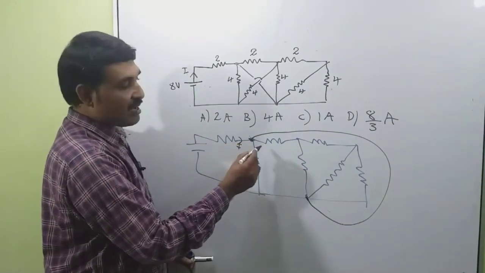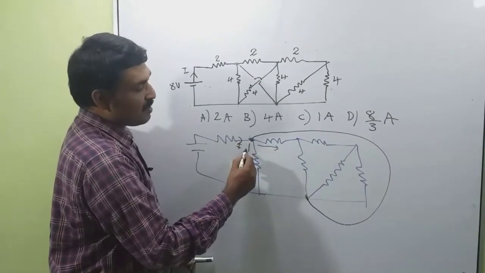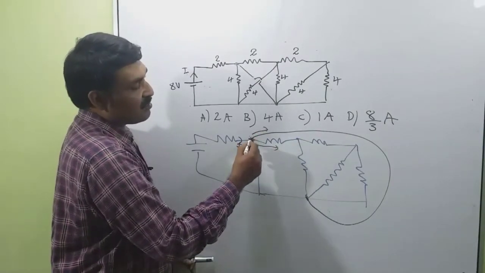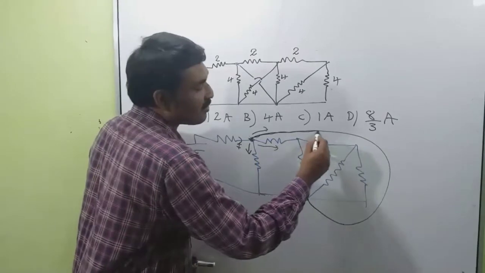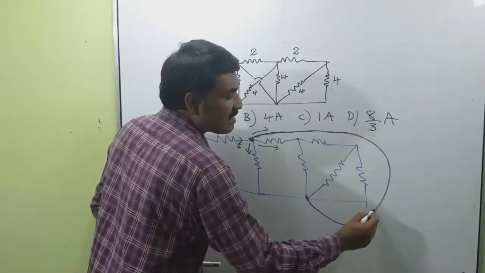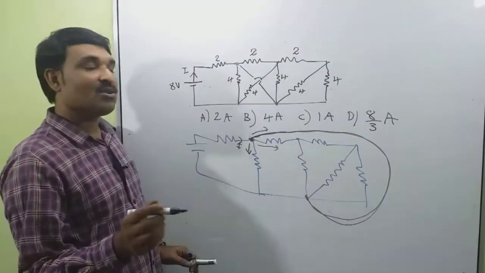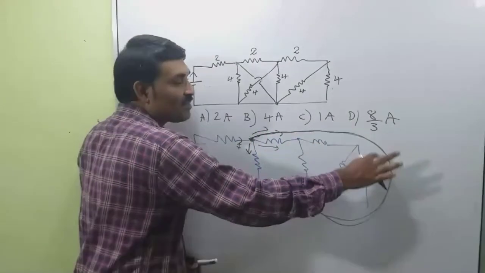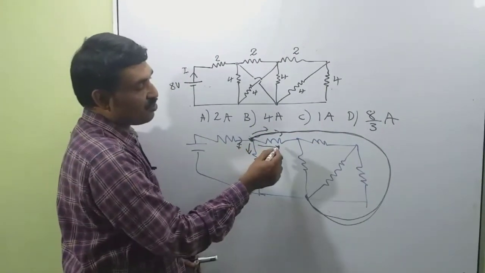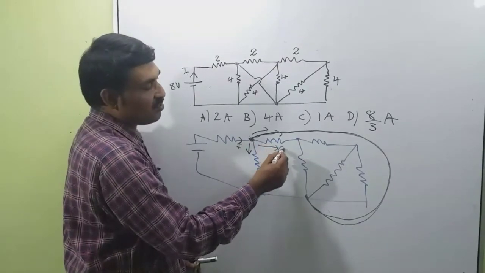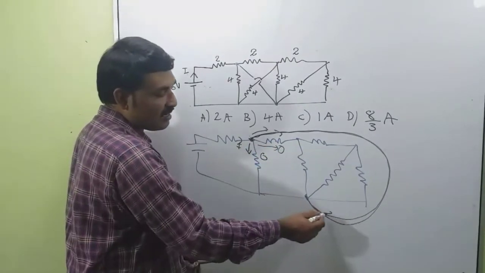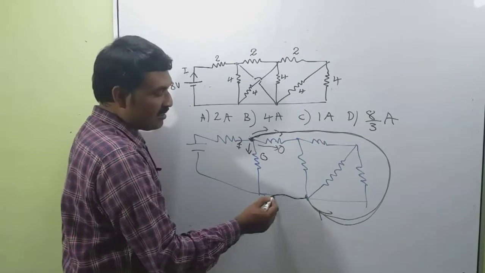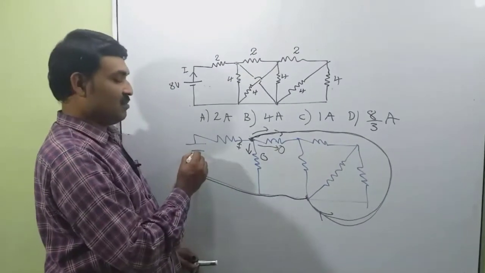So we have three branches: 1st branch, 2nd branch and 3rd branch. But this branch is a short circuit path having 0 resistance. So the current will fully flow through this branch. So no current flows through this branch. Current in this branch is 0 and 0. And current reaches here and returns in this manner.